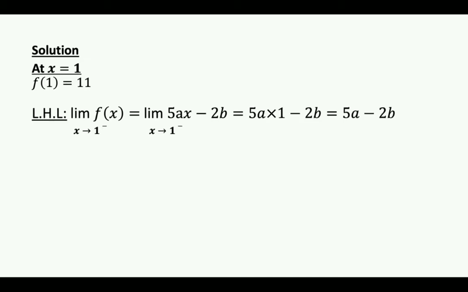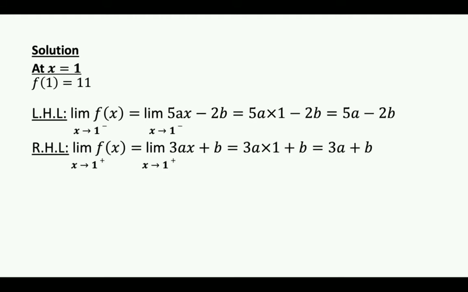So left hand limit x tends to 1 negative, f(x) equal to limit x tends to 1 negative, 5ax minus 2b equal to 5a minus 2b. Right hand limit at x equal to 1, limit x tends to 1 positive, f(x) equal to limit x tends to 1 positive, 3ax plus b equal to 3a plus b.